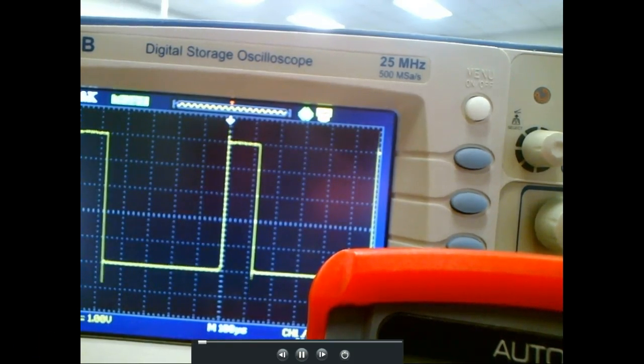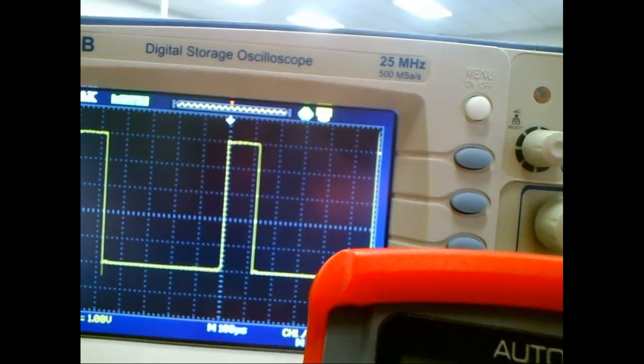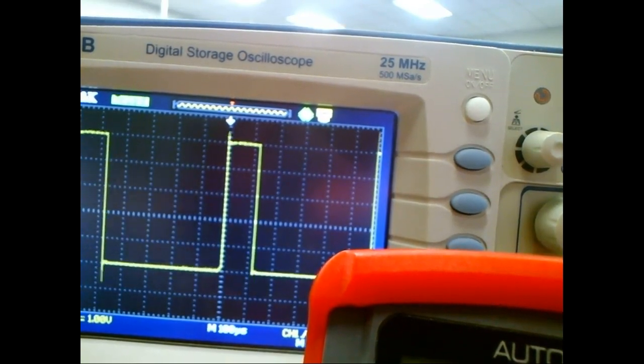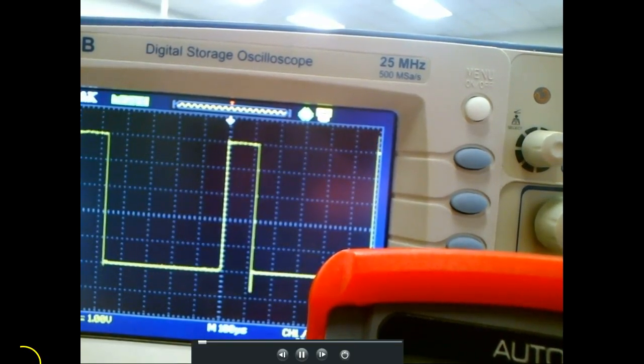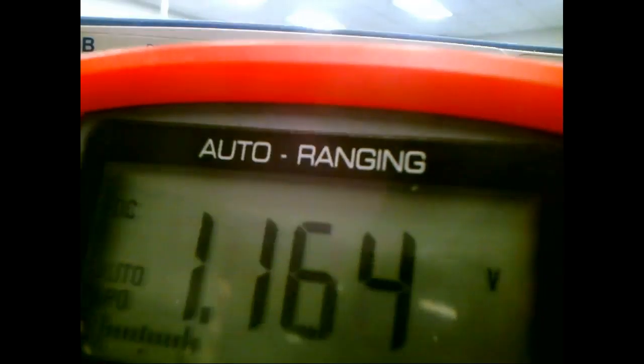I'm trying to move these boots back because we're not dealing with real high voltage. So this thing will keep pushing itself off. So that means when I adjust this up to 2.5 volts, it should be a 50% duty cycle, right?